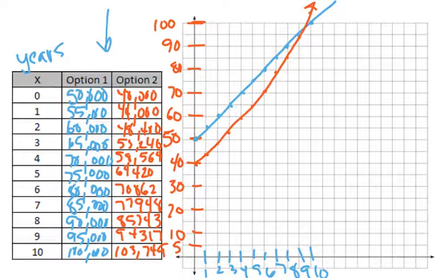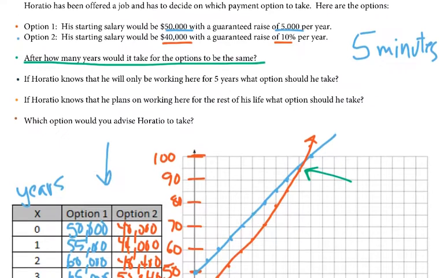Okay, so we can see right about here, right? They're nearly the same. Okay, 95,000, 94,317. So it's going to be a little past 9 years where it would happen, right? So after how many years? We'll say about 9 years.